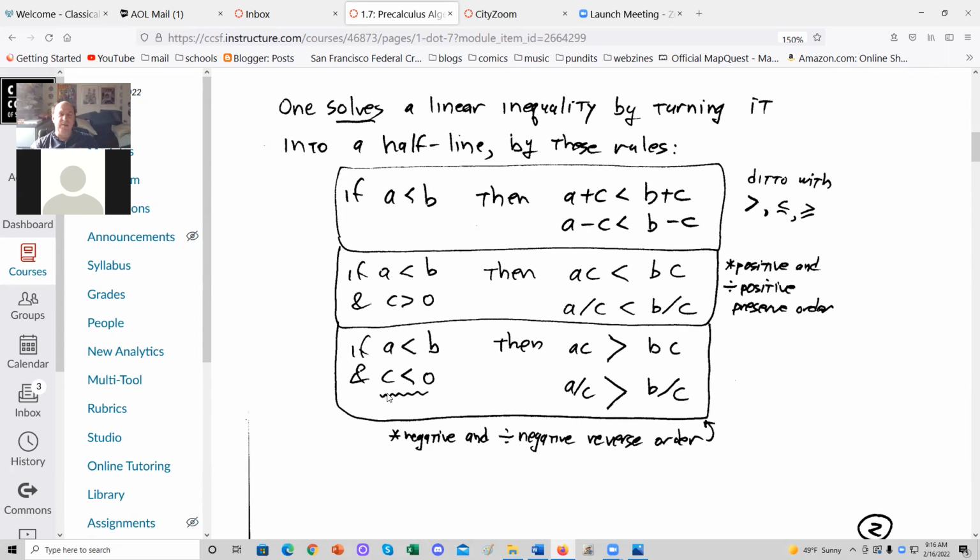If a is less than b and c is negative, then ac is greater than bc, and a over c is greater than b over c. So if you multiply by a negative and divide by a negative, that reverses the order. Less than becomes greater than. If we had a greater than, it would become a less than. A greater than or equal sign would become a less than or equal sign. So this is almost like transposition, except that multiplying and dividing by a negative number reverses order.